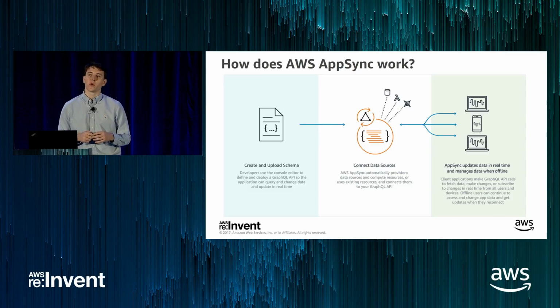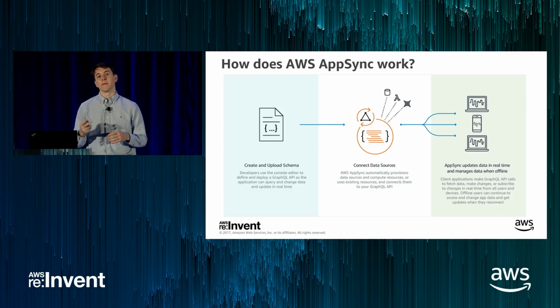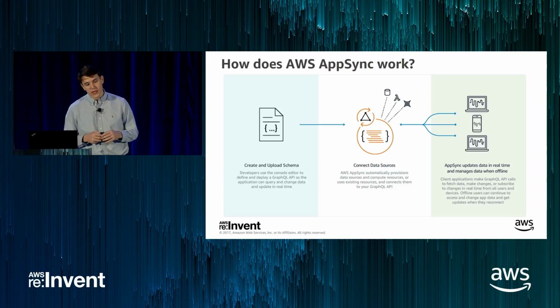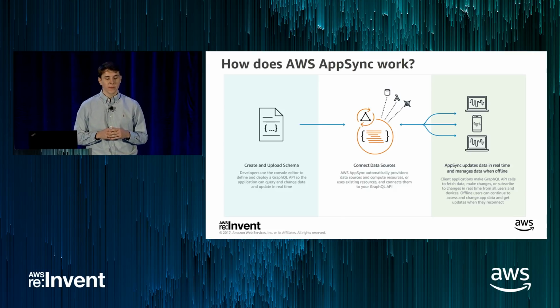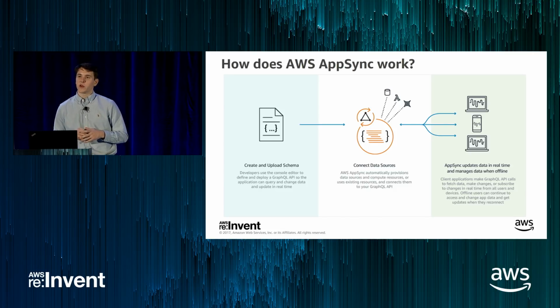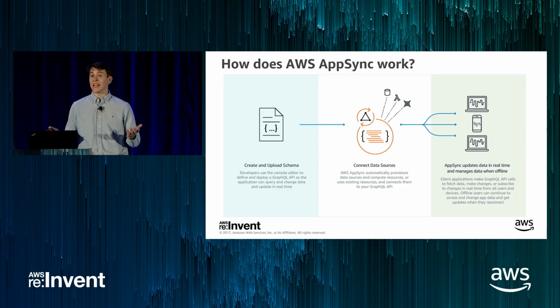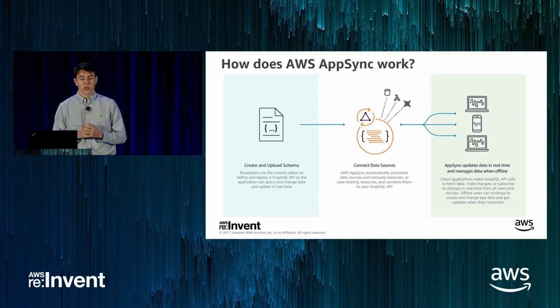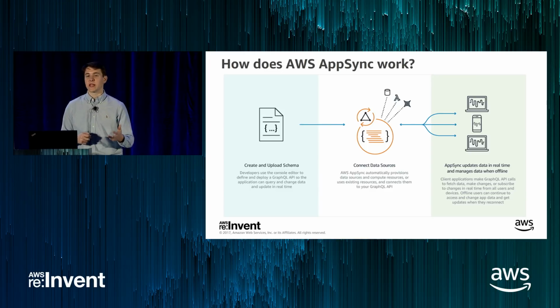At launch, we support DynamoDB, Lambda, and Elasticsearch, and have a lot of capabilities around those three. And then lastly, you're going to use our client tooling or basically any open source GraphQL tooling to connect to our service and start implementing it in your application. You can build on iOS, on Android, React, React Native, IoT. We have an Alexa skill. There's a bunch of stuff that you can do.